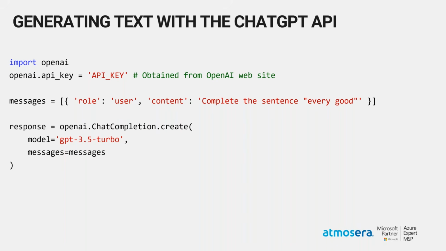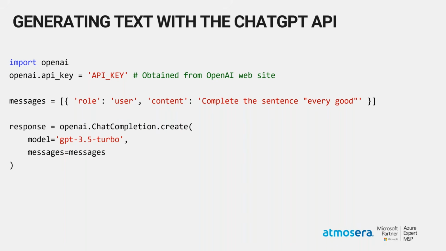I first give it my API key. This is something that essentially identifies me. Once I register on the ChatGPT website, I can then grab an API key. You don't even necessarily have to be a paid member to do it. You can have a free account and you can still retrieve an API key.